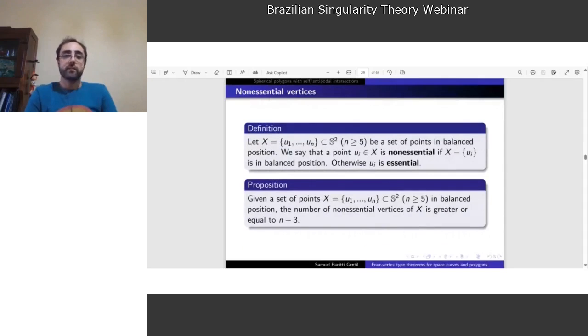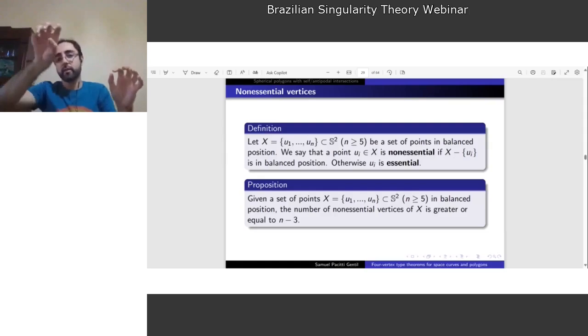And this motivates a definition. We say that, given a set X of points in balanced position, one of these points is non-essential if the set X minus the unit set, which contains only this point, is in balanced position. In other words, we have a set of points in balanced position.